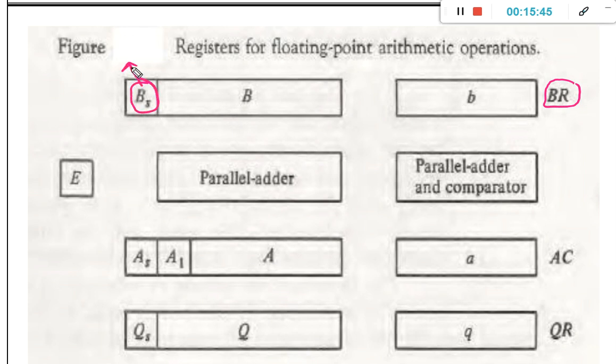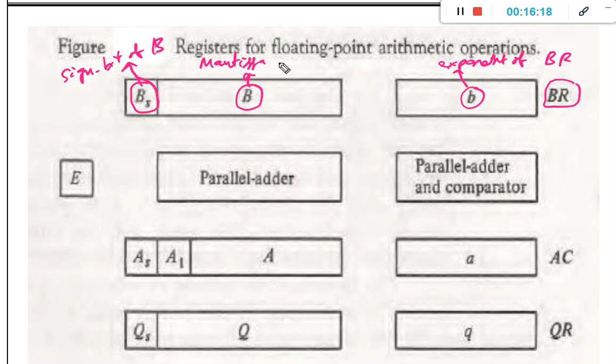BS is going to represent the sign bit of the BR register, capital B is going to represent the mantissa of the BR register, and small b will represent the exponent of the BR register.